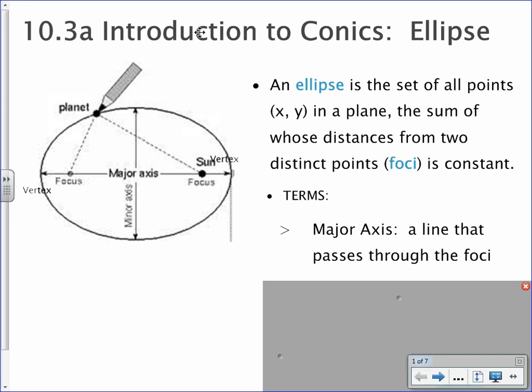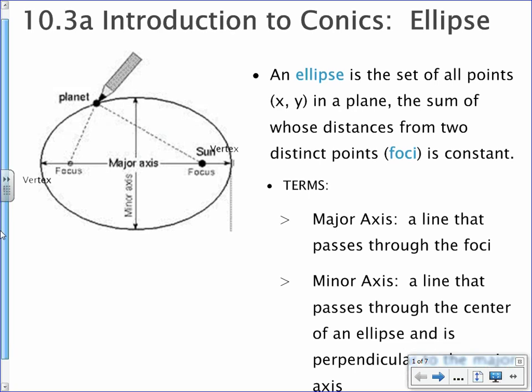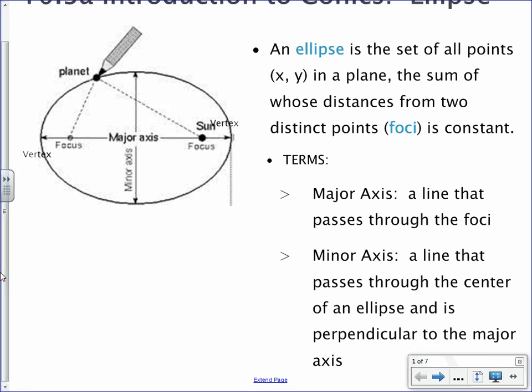Wherever it is longer, that is the major axis. Wherever it is shorter, that will be the minor axis. Both the major and the minor axis will pass through what we're going to call the center, and they're going to be perpendicular to each other.